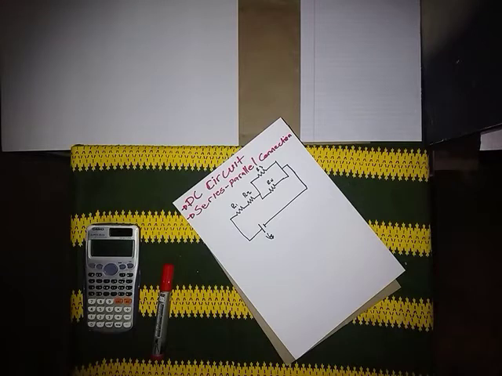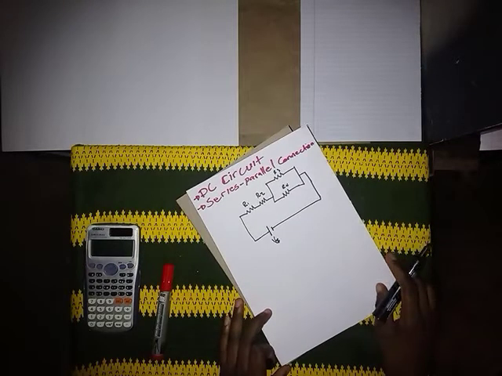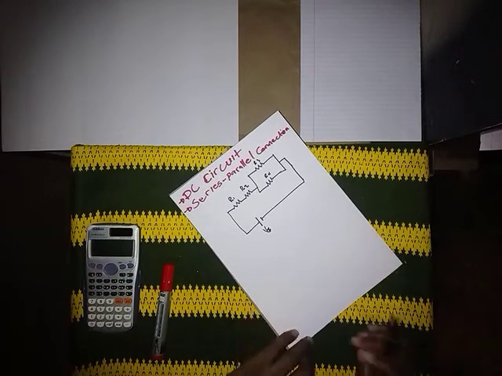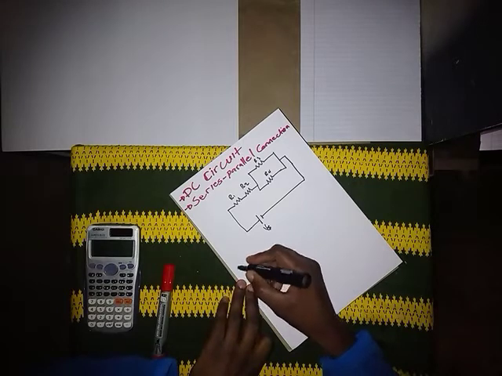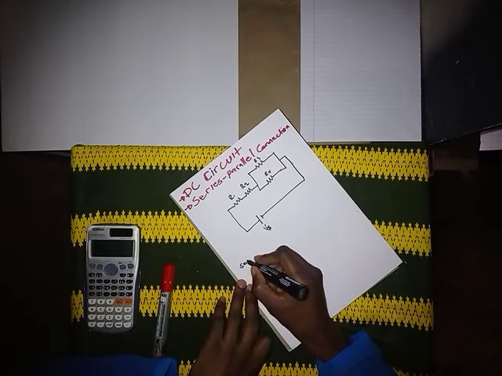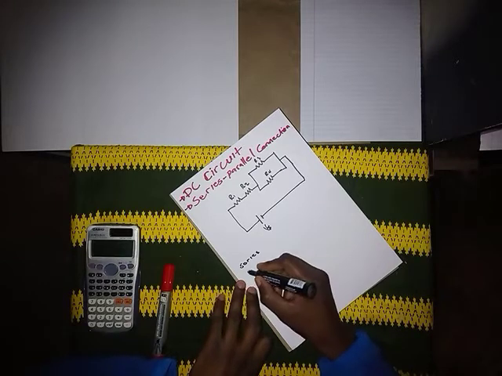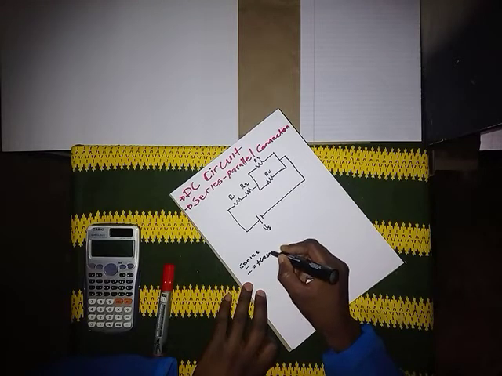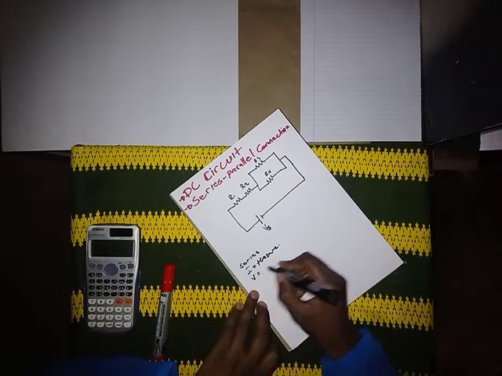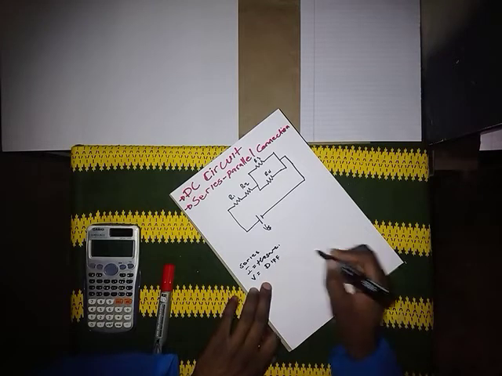What you really need to note when dealing with a series parallel circuit is the current, because the current is the one which determines whether this one is a series circuit or this one is a parallel circuit. For example, we did say that in a series circuit, the current is going to be the same, but the voltage is going to be different.